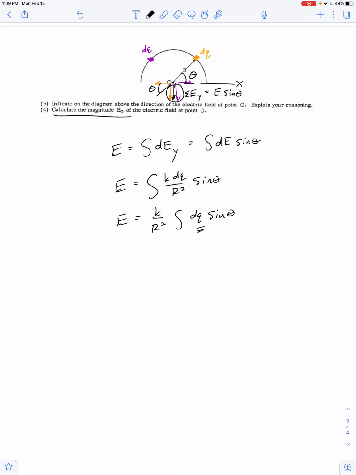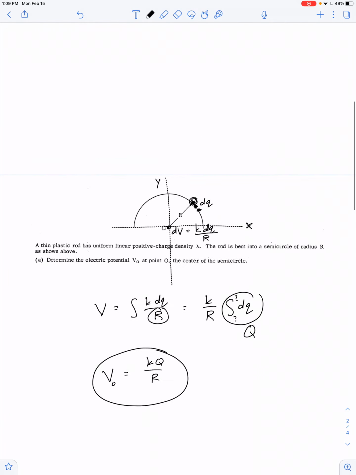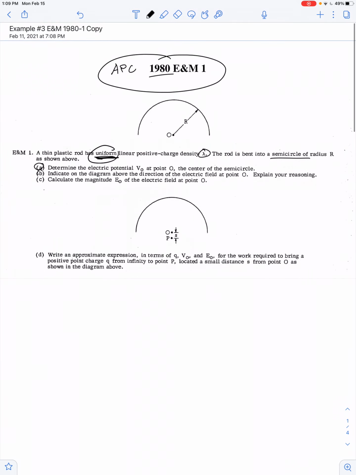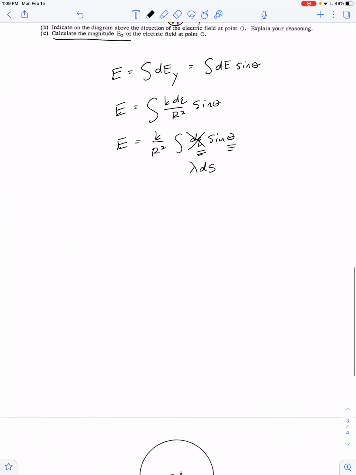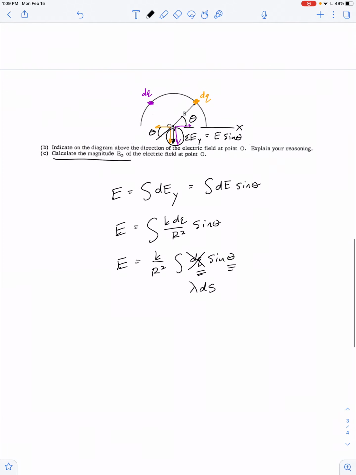Now there's two variables, q and theta, so we need to relate the two. So we can say dq is the same thing as lambda ds. That's where it's important that we noted that this is a uniform charge density lambda. And as we work our way around the perimeter, any displacement along the arc length is equal to theta times r. So ds is r d theta.